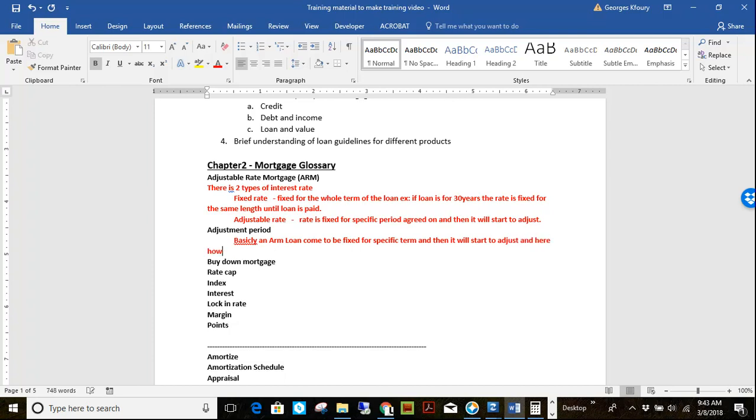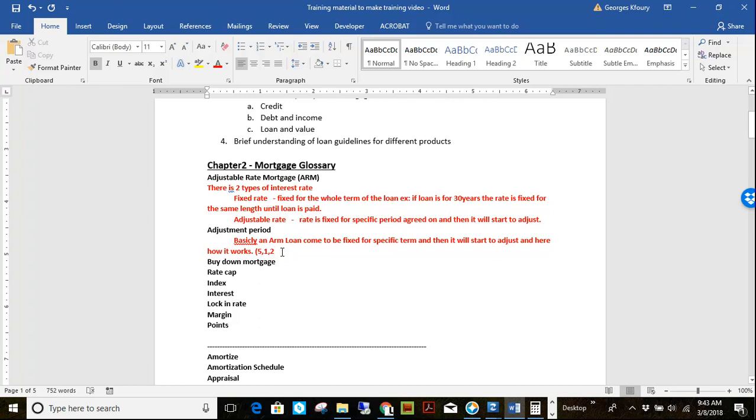And here is how it works and what you would see. For an ARM loan, you would see it like this: 3, 1, 2, or let's say 5, 1, 2.